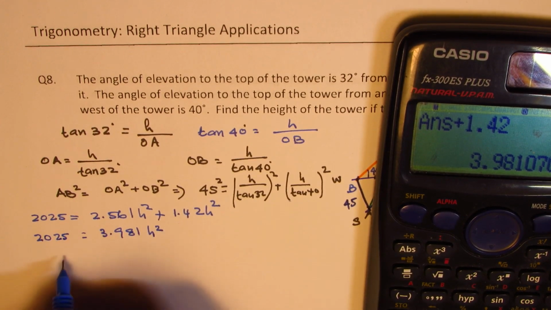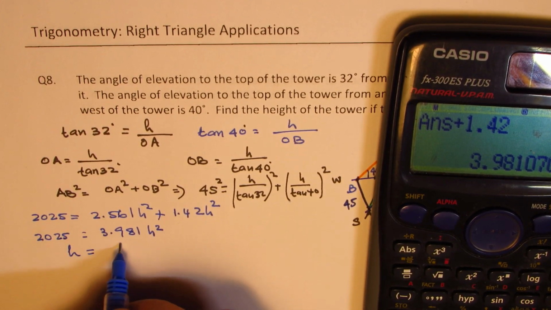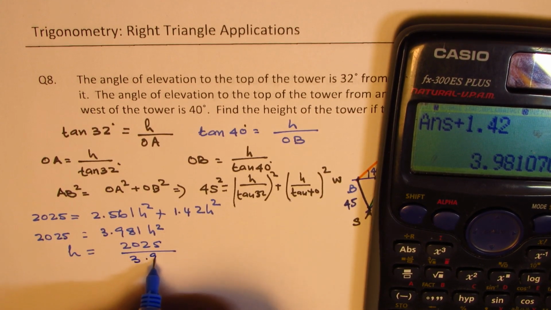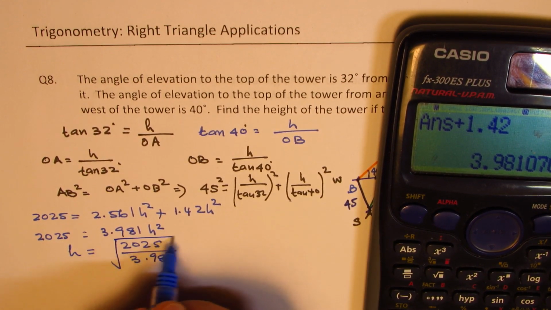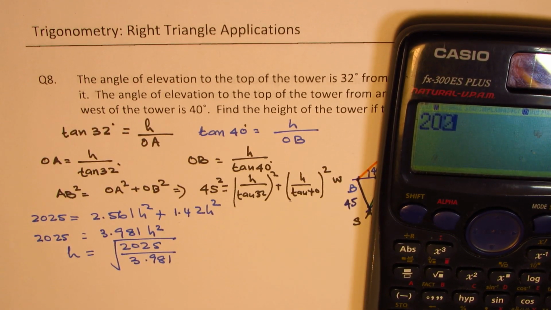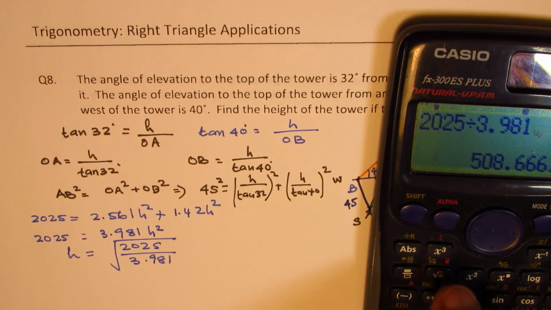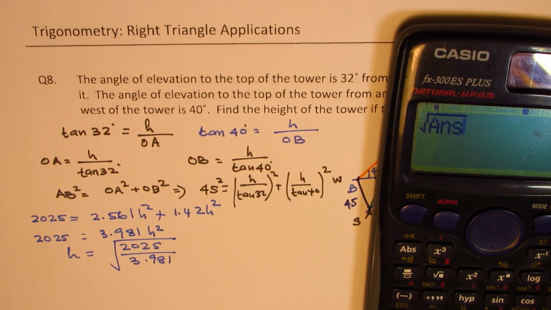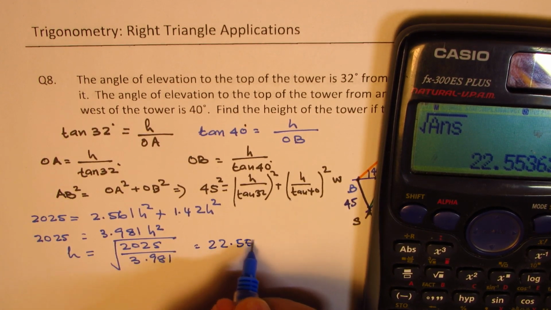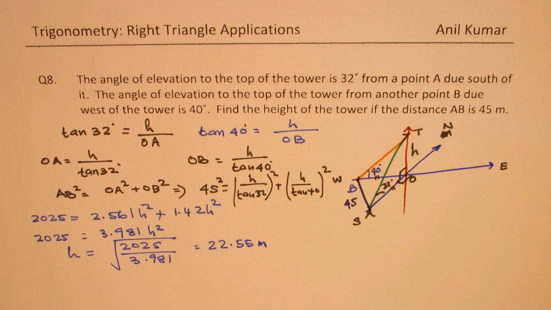Perfect. So from here we know height is the square root of 2025 divided by 3.981. So we'll divide 2025 by 3.981 and take the square root of our answer. 22.55. So that is how we are going to get the height.